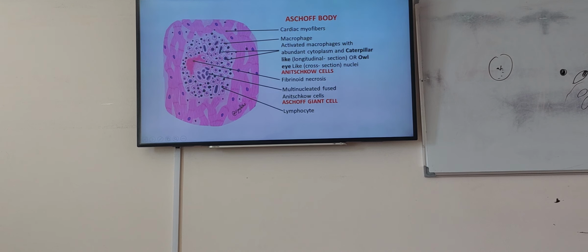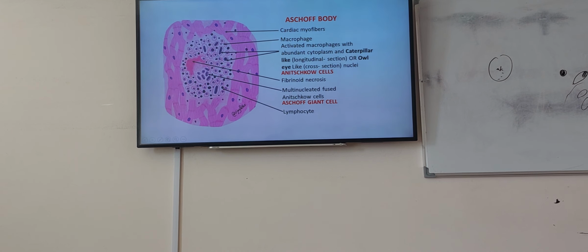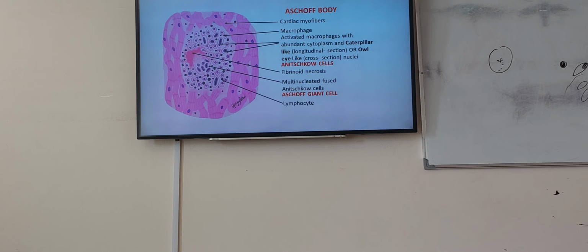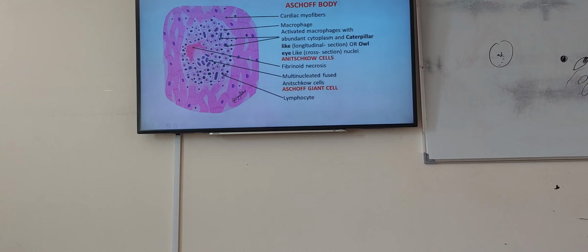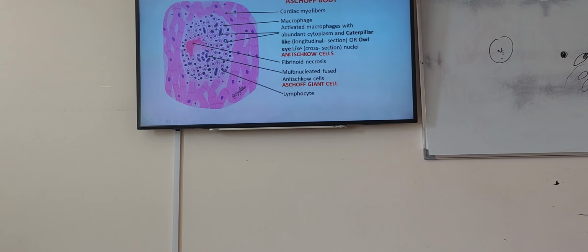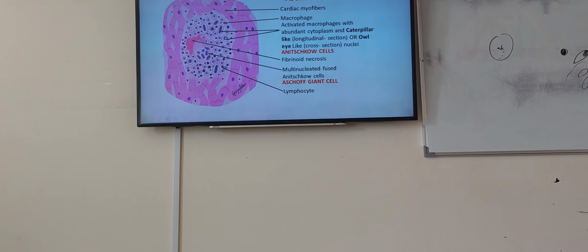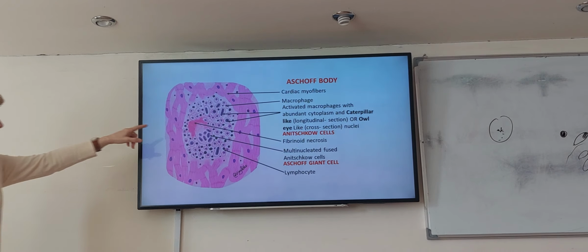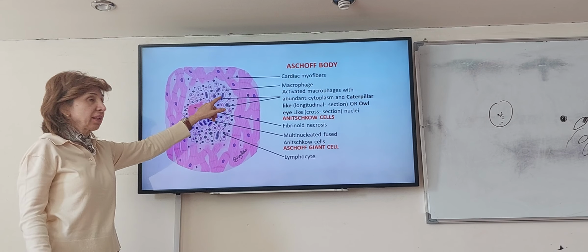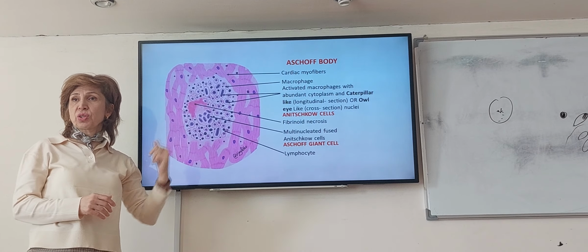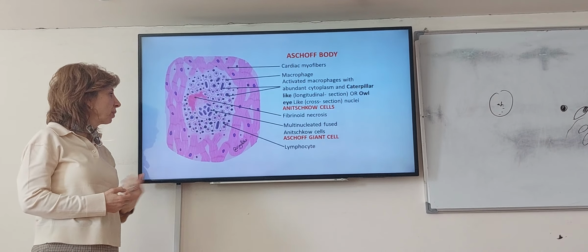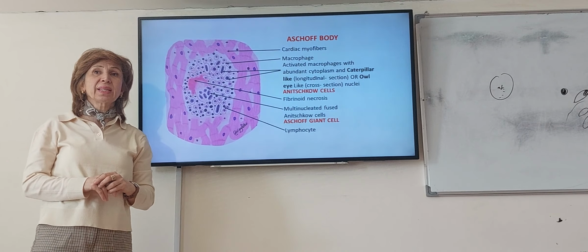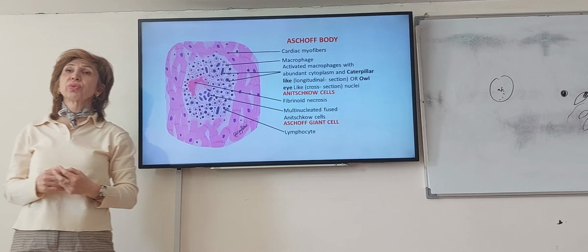They have a special nucleus. They are elongated sometimes, but the nucleus can be either caterpillar-like, longitudinal, or it can be owl-eye. So they can be oval epithelioid-like, or round with owl-eye, but the features of the nucleus are very characteristic. And of course, I will see eosinophilic cytoplasm. So this is rheumatic fever, Aschoff nodule.